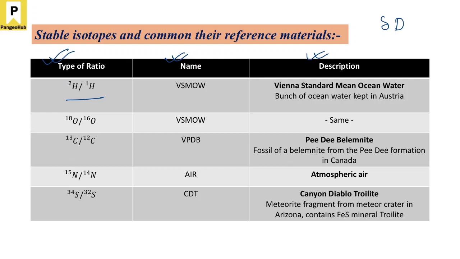The standard reference is CDT, Canyon Diablo Troilite. This Canyon Diablo Troilite is a meteorite fragment from Meteor Crater in Arizona, which contains the FeS mineral troilite. That is the reference material for sulfur.